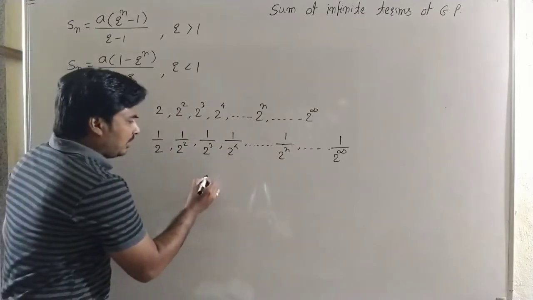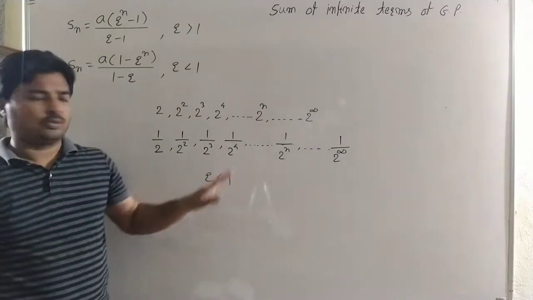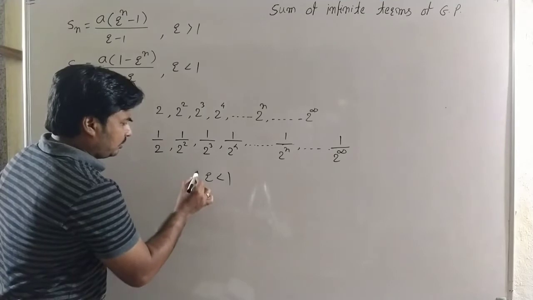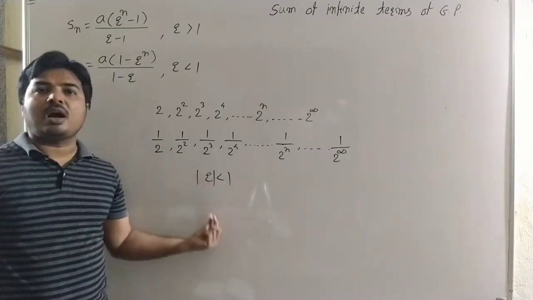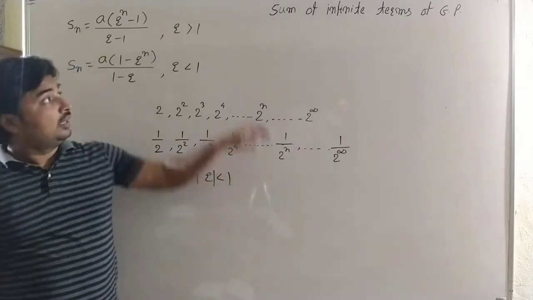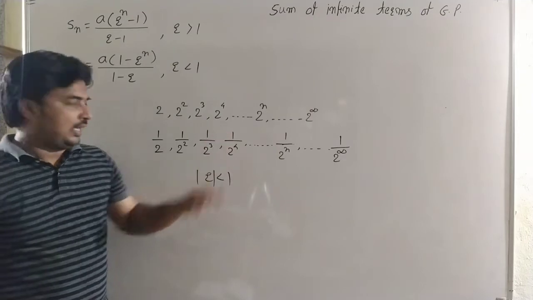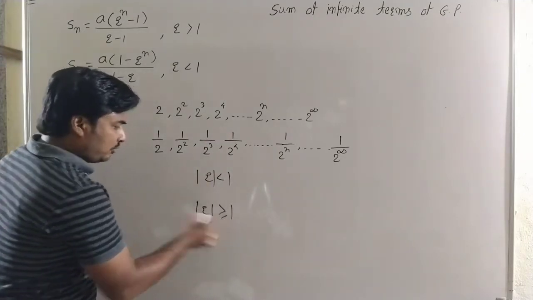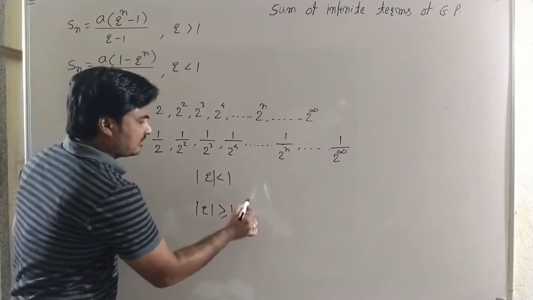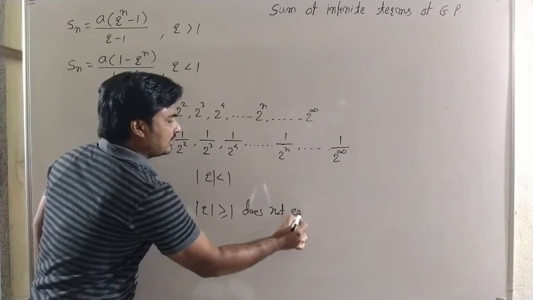When the common ratio is less than 1, whether positive or negative, that is mod r less than 1, then the sum of the infinite terms exists. And if it is greater than or equal to 1, then the sum of the infinite terms does not exist.